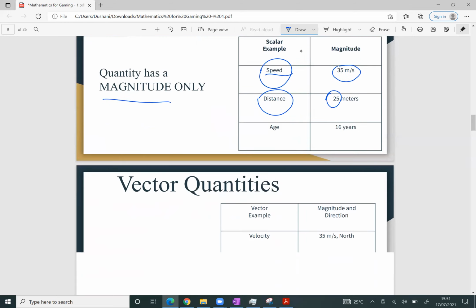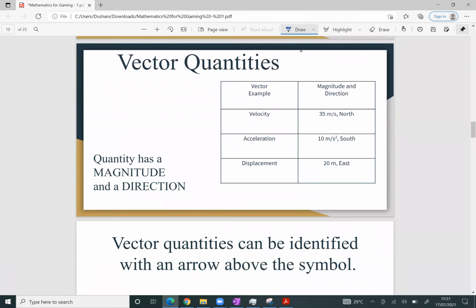However, in contrast, vector quantities have both a magnitude and a direction. So when we take velocity as an example, we can say that the velocity is 35 meters per second and the direction is north. So you have two factors which we need to consider when it comes to vector quantities.